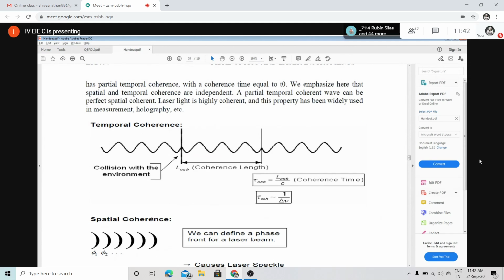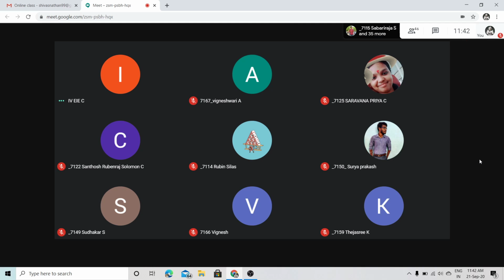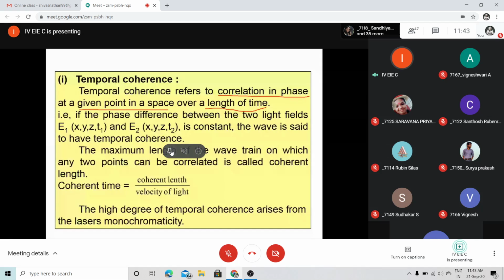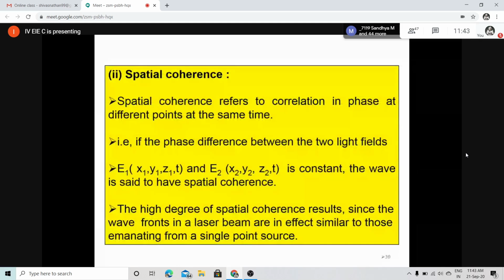And coming to spatial coherence, it refers to the correlation in phase at different points at the same time. Again, we are going to find the correlation in phase, but at different points at the same time.